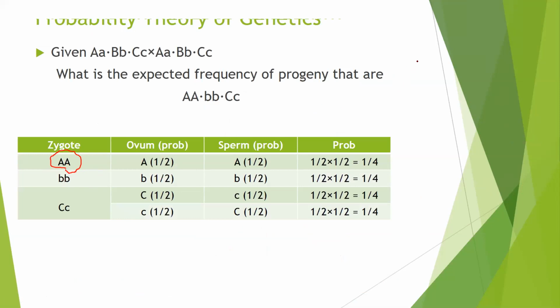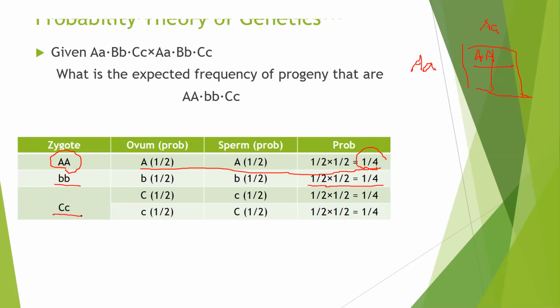For gene A, as in the monohybrid cross, we use the simplest Punnett square to calculate the probability that the progeny will carry this genotype. It's easy, that's 1/4. The same for little b, still 1/4.